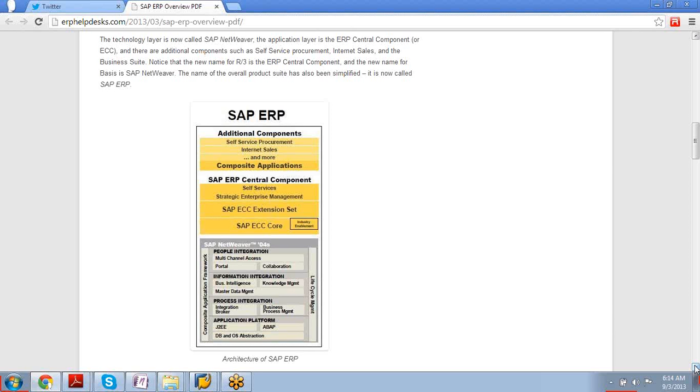Then you can see these additional components, internet sales. If you understand this architecture clearly, tomorrow any new challenge which comes, start from architectural thinking. Then obviously you'll easily learn any functional things.